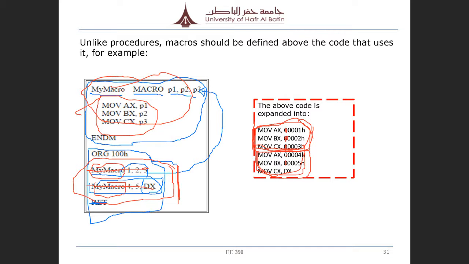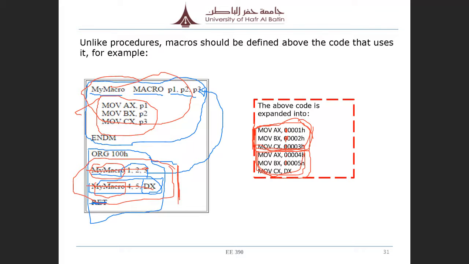So it takes more memory compared to a subprogram, because in a subprogram the machine code is generated once, but in a macro, the machine code will be generated as many times as we use the macro.